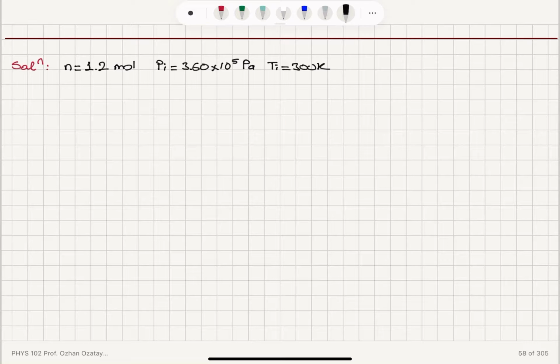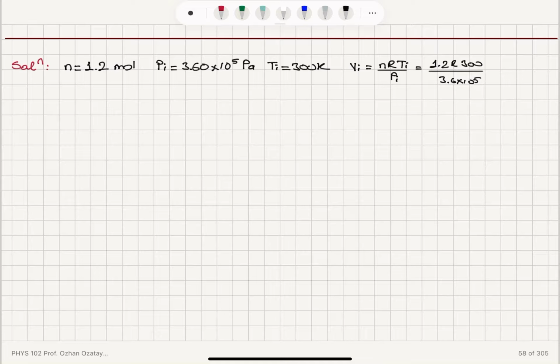And this tells us, using the ideal gas law, PV equals nRT, that nRT initial divided by P initial is 1.2 R times 300 divided by 3.6 times 10 to 5.